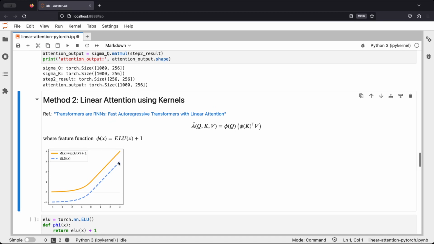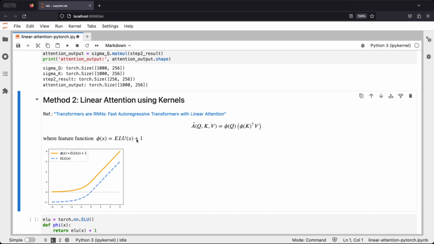The curve for ELU of x alone is this blue curve, but as you can see, it is negative when x is less than 0. So since for kernel attention, for any kernel function, we should not have any negative feature function, then they added this +1.